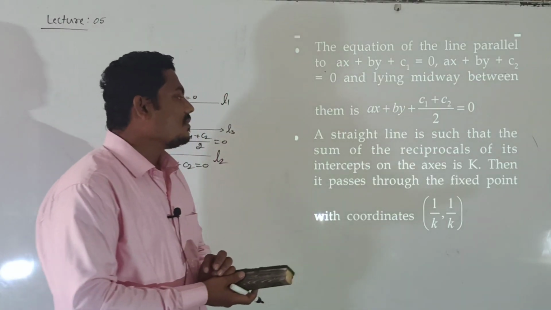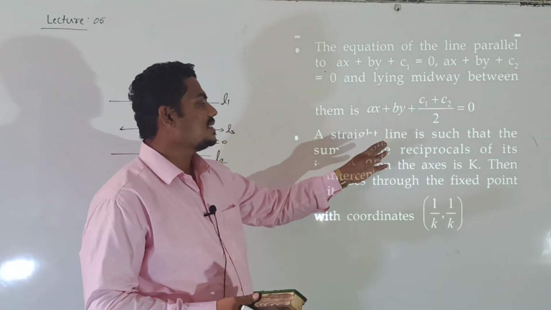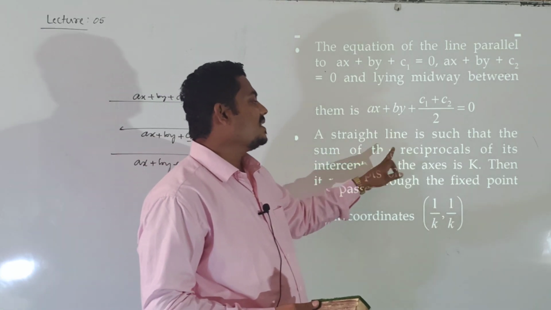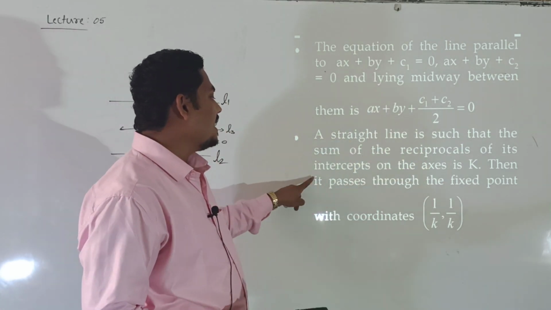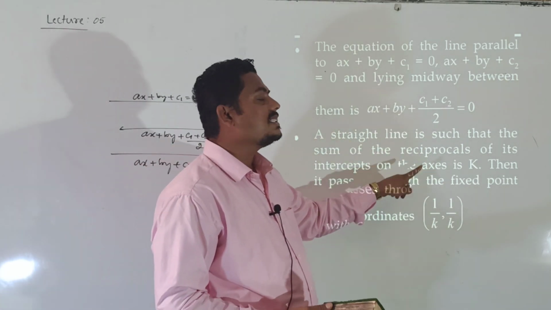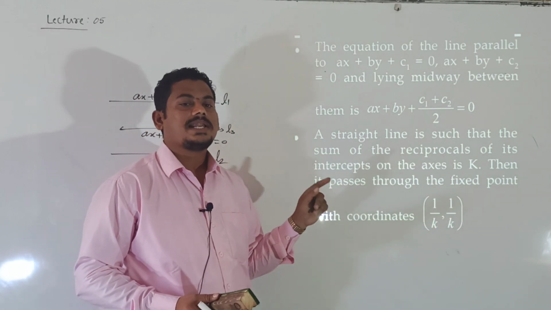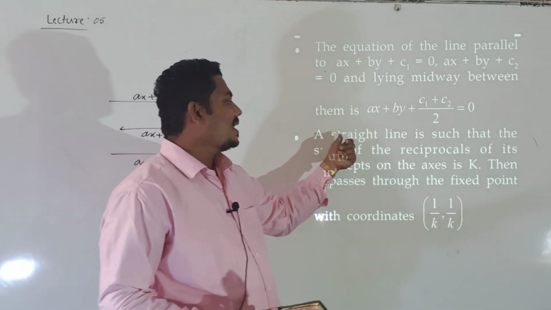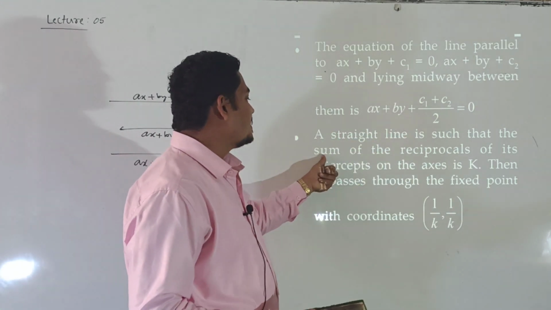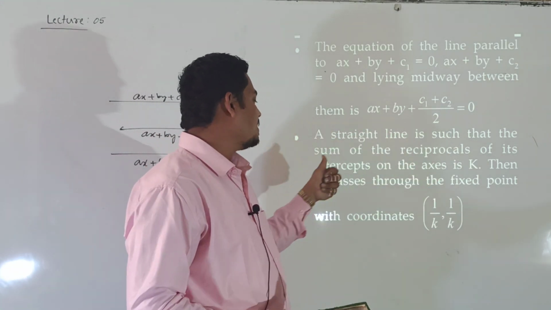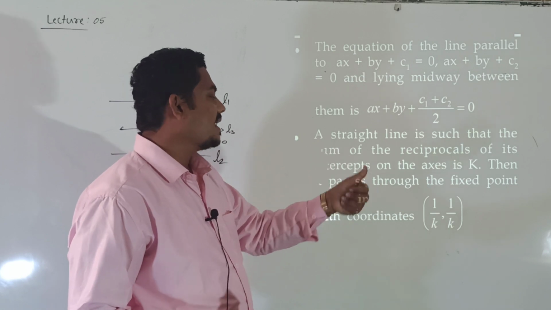Then next, a straight line is such that the sum of the reciprocals of its intercepts on the axis is k.